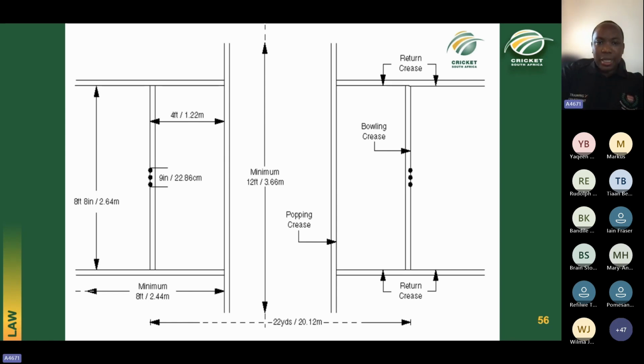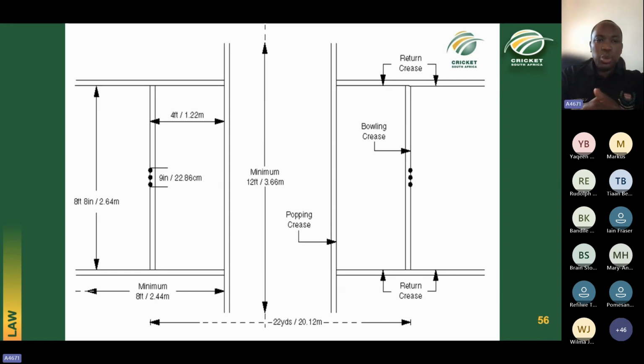One more practical point is quite often you'll find that these measurements are not 100% exact. You would hope that the no ball measurement of 1.22 meters is 100% correct.